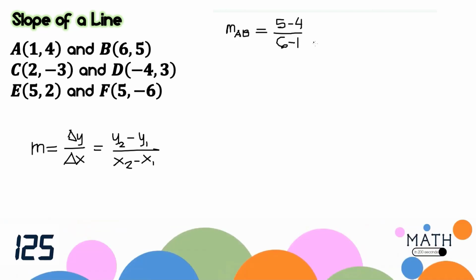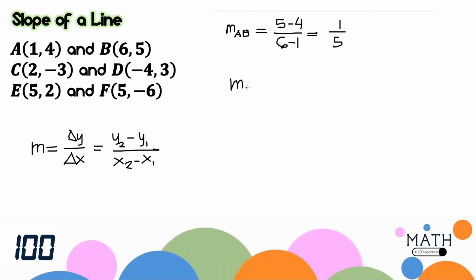It's very important that you really follow the pattern. It's okay to interchange the points, but it's not okay to interchange which is the first coordinate and the second coordinate in this formula. So the slope of the line containing points A and B is 1/5.